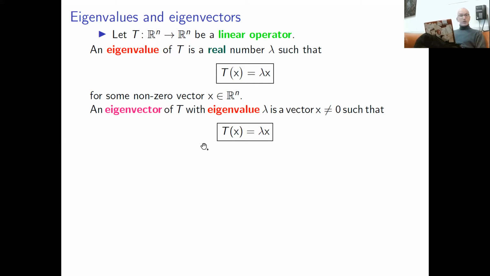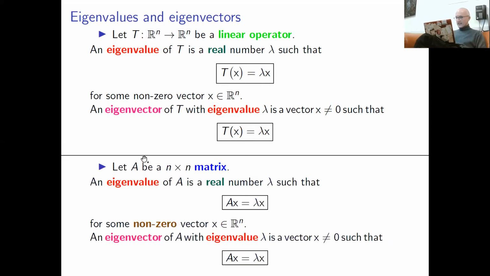Now, since we started with matrices, let me translate this definition back into the language of matrices. Let A be an n times n matrix, a square matrix. An eigenvalue of A is a real number lambda such that Ax equals lambda times x for some non-zero vector x.